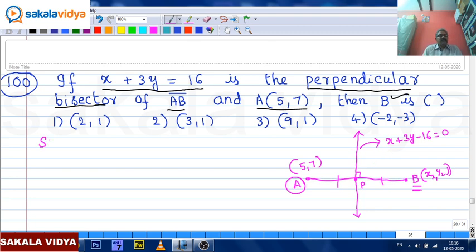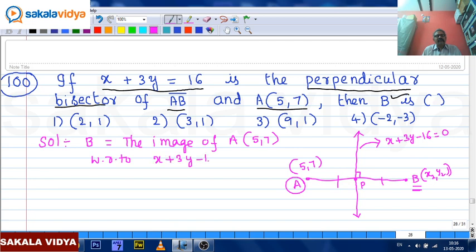Now solution. B is equal to the image of A 5 comma 7, this is the problem, with respect to x plus 3y minus 16 is equal to 0.